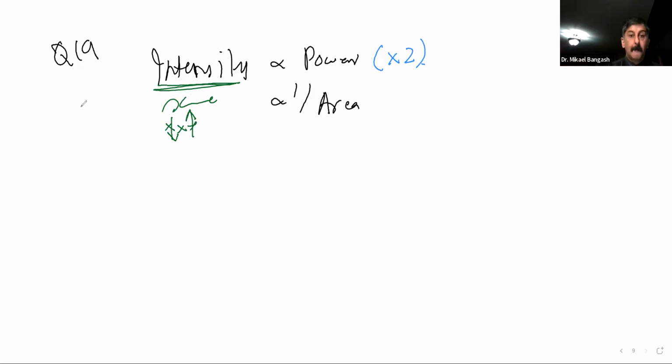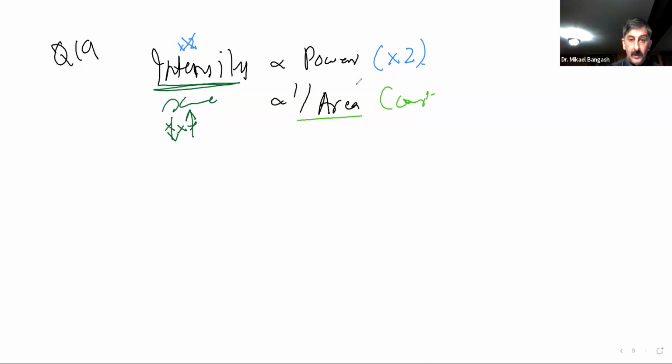Although the power is doubled. Now, if we had kept the area constant while doubling the power, what will happen to the intensity? It will also have doubled. But that's not going to happen.